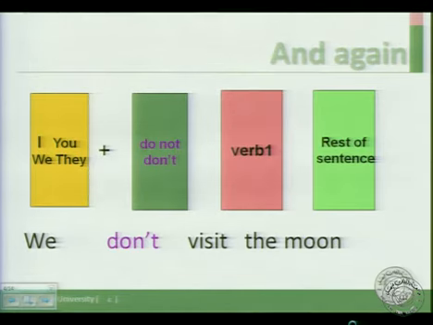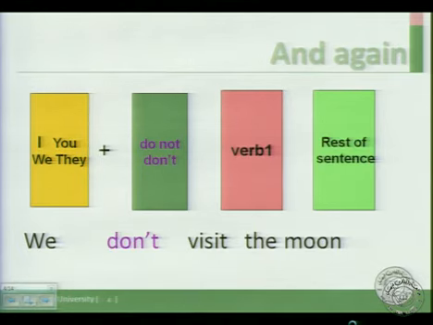When we speak, we say we don't, or I don't, they don't, you don't. But in writing, it's better to use do not because it looks more formal, looks good. But using do not or the contracted form, it is called contracted form, is not good for writing. We use it more in speaking.